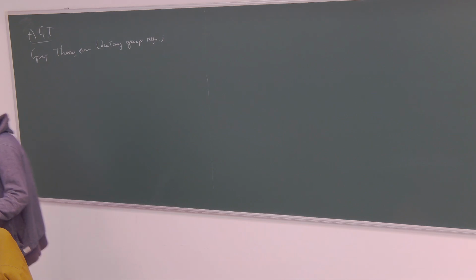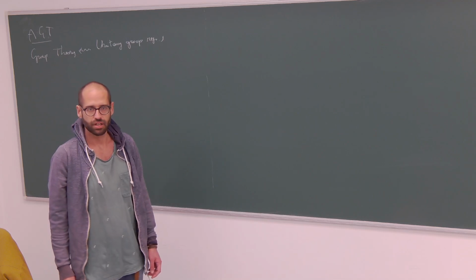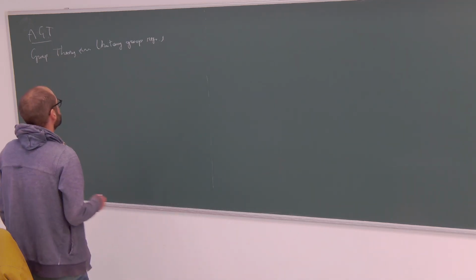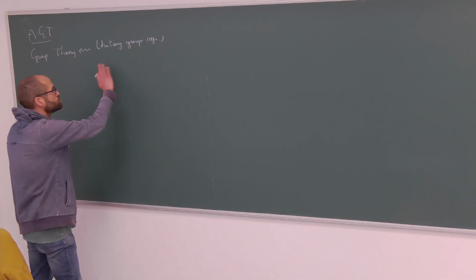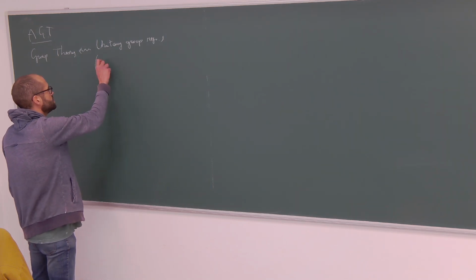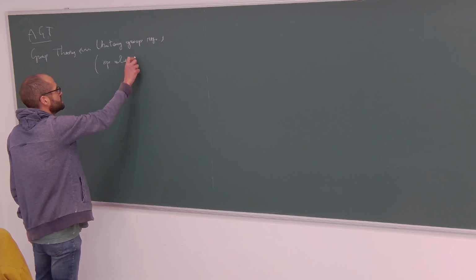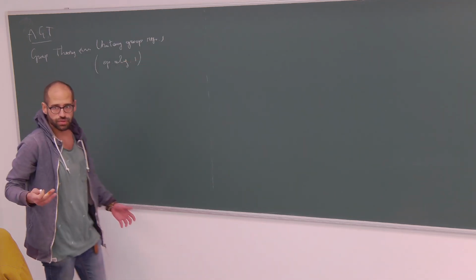A unitary group representation means that it is a continuous homomorphism from the group to the unitary group of a Hilbert space. Now, an important tool in order to study this is what are called operator algebras, or a language, if you want.